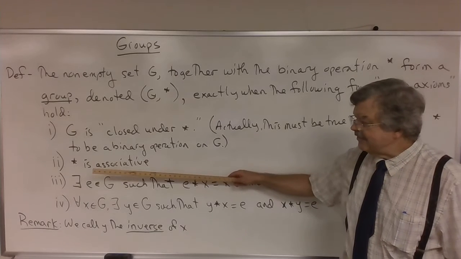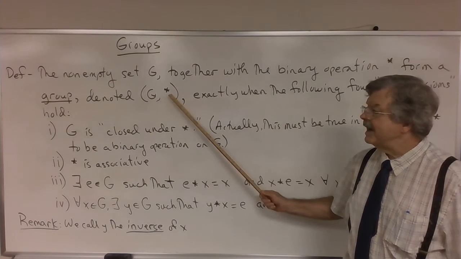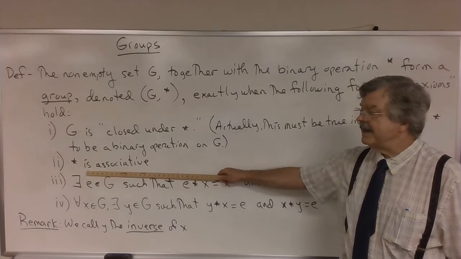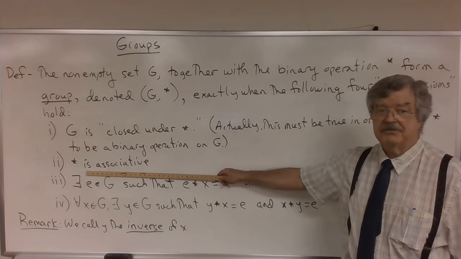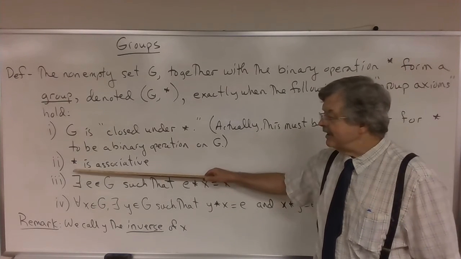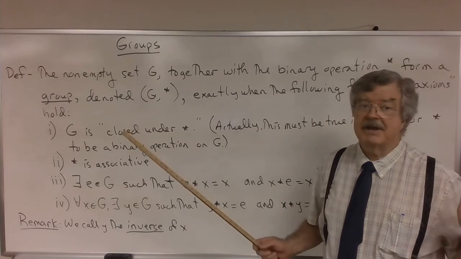The second thing that we require of our binary operation and of our set G is that the binary operation is associative on the set G. If the binary operation is not associative on the set G, then we don't have a group.